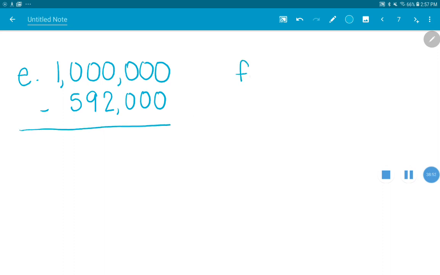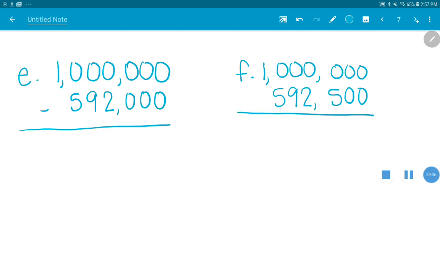And on F, you had 1 million minus 592,500. How are those two problems similar?